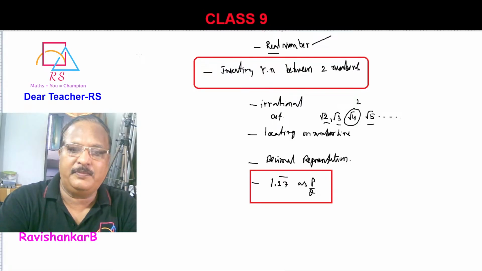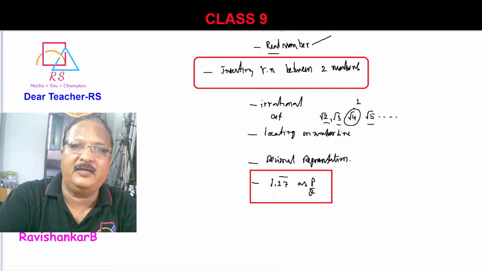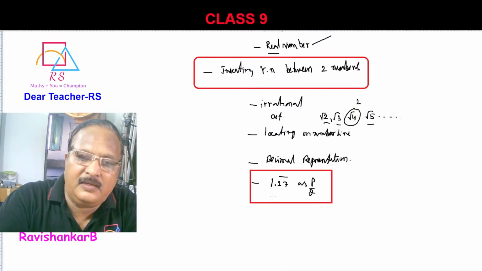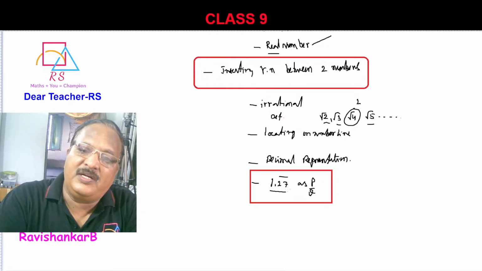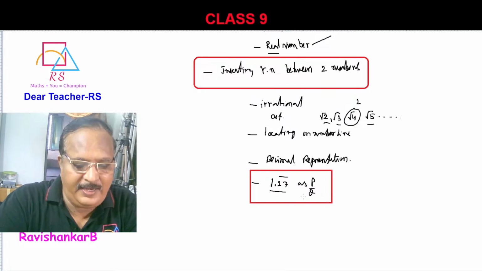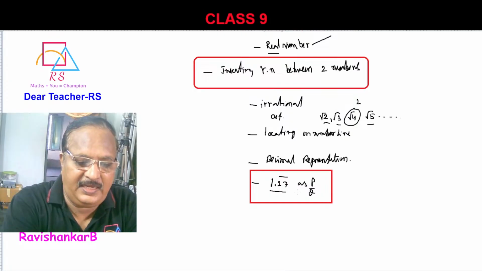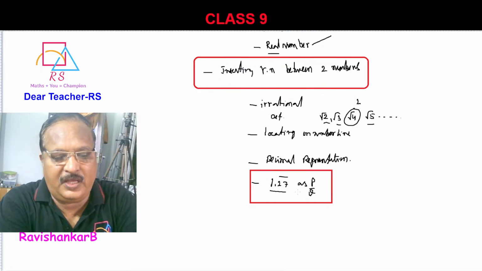A recurring, non-terminating recurring decimal number will be given. They will ask you to convert this into p by q form. A very important question.